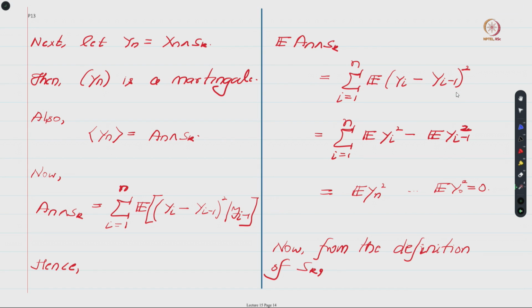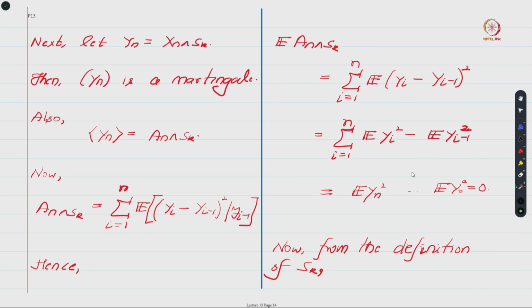Then one can see that because the Y_i's are martingales, this expectation turns out to be the difference between the squares; you can check what happens with the cross term. Because we have the difference of squares, we have a telescoping sum, and we can cancel off corresponding terms and end up with the expected value of Y_n squared minus the expected value of Y_0 squared.